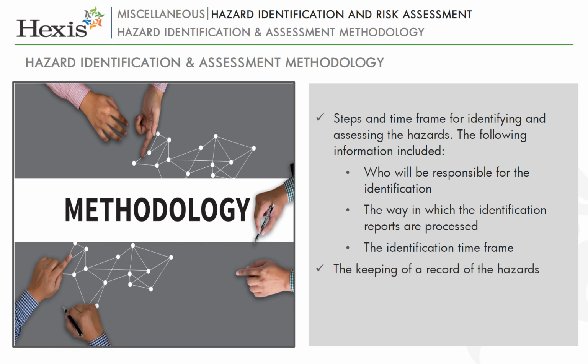The keeping of a record of the hazards. After having identified the hazards, one must establish and maintain an identification record either in print or electronic format. A time frame for reviewing and, if necessary, revising the methodology. The date for the review of the identification. For example, the review of the identification method will be carried out every 3 years.